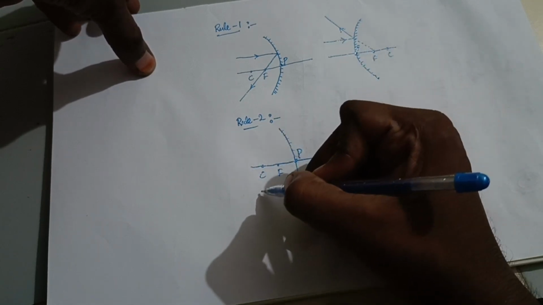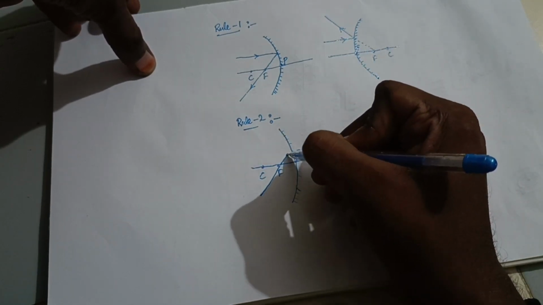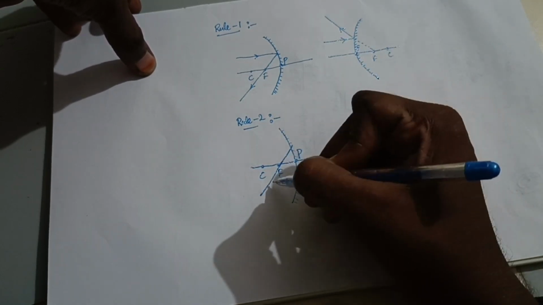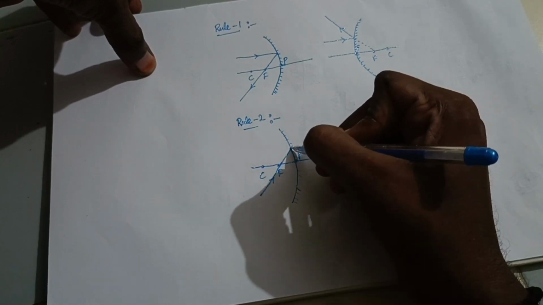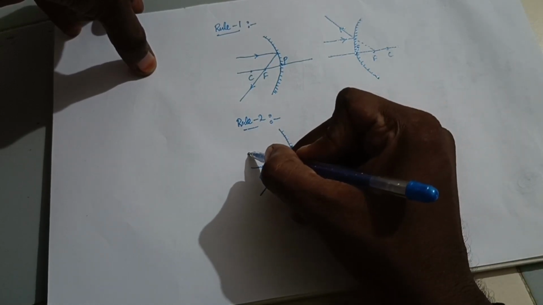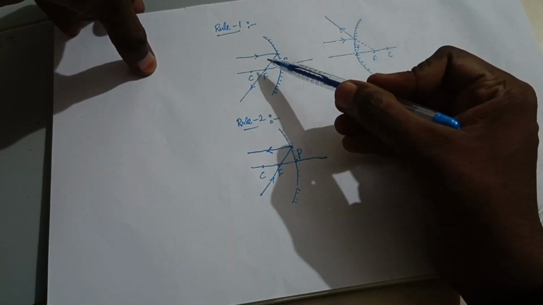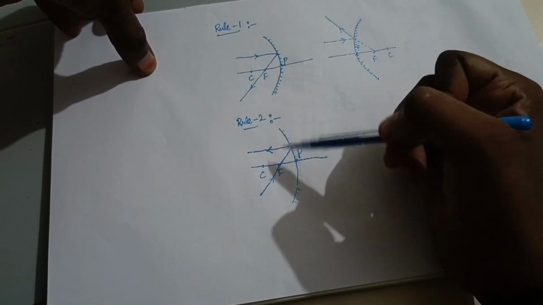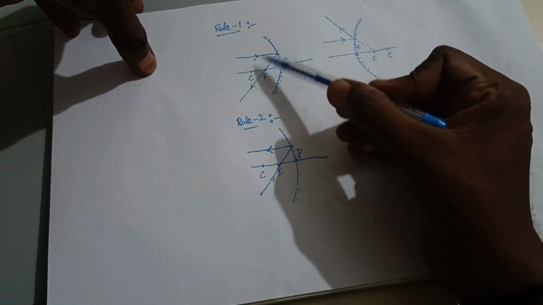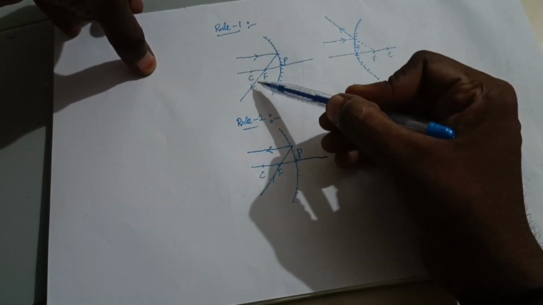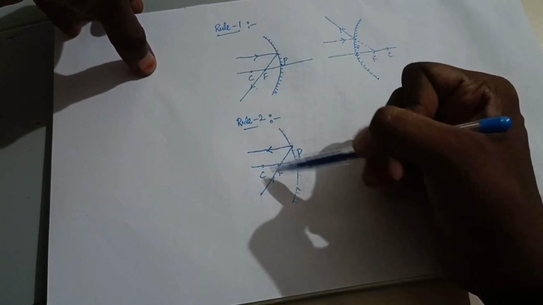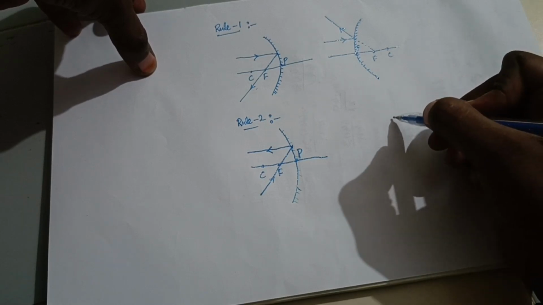Both are correct. Here I am considering the incident ray passing through the focus. So this is the incident ray. After striking the mirror, it must be reflected in a direction which is parallel to the principal axis. Now if you observe, these two diagrams look similar except the arrow marks. If you reverse the arrow marks for rule 1, you get rule 2 automatically.